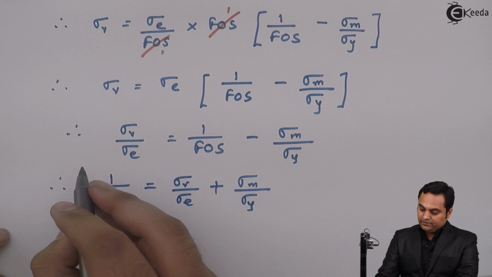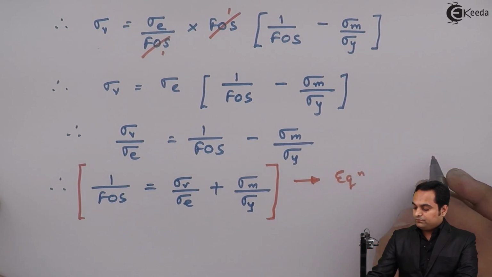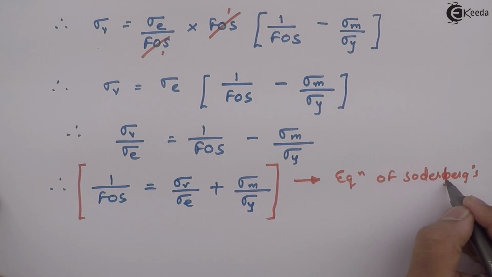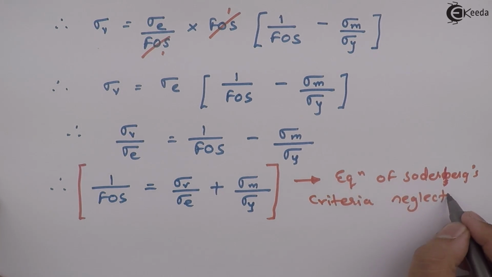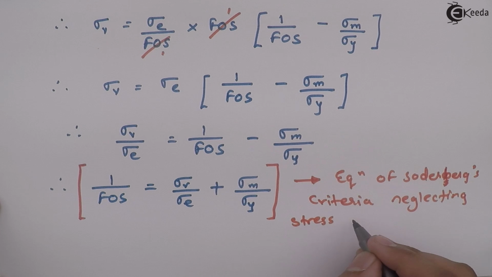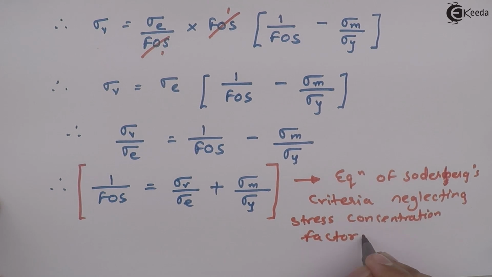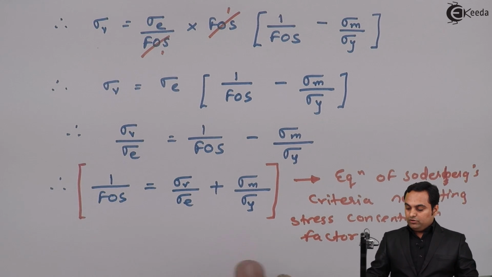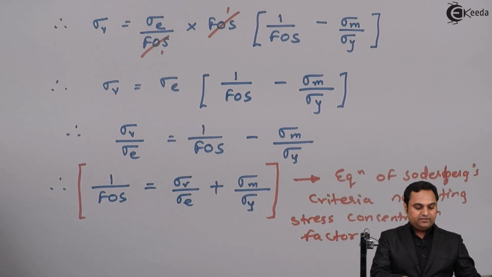So here I can say that this is the equation of Soderberg's criteria neglecting stress concentration factor. So here we have derived the equation of Soderberg in which there is no stress concentration factor.